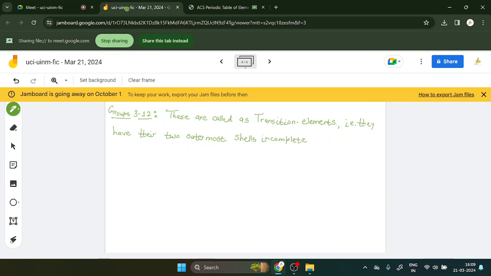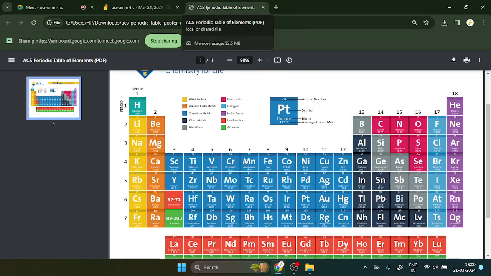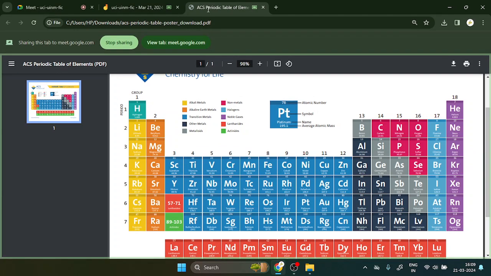Now, group 13. Let me share it. This was the S block, which we were discussing, group 1 and group 2. Then this is the D block.